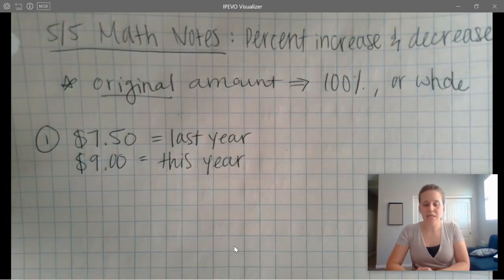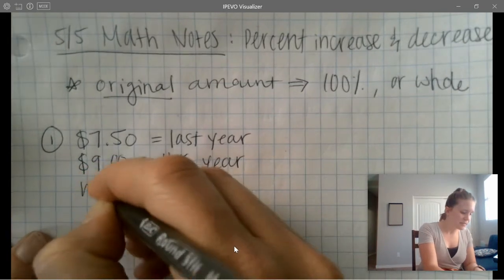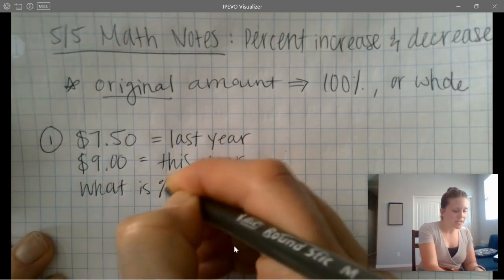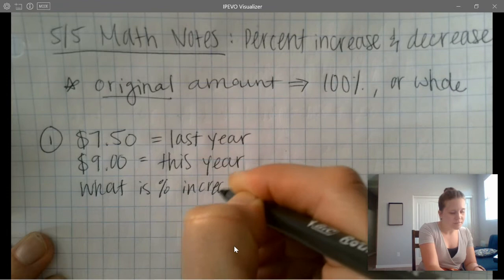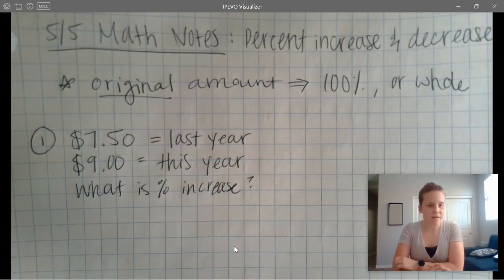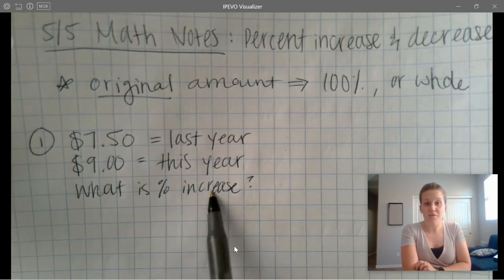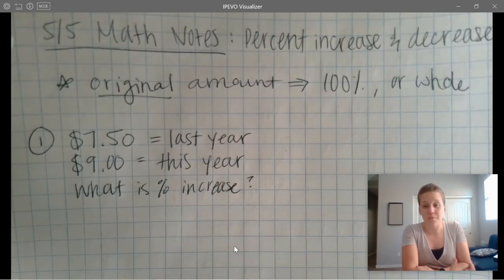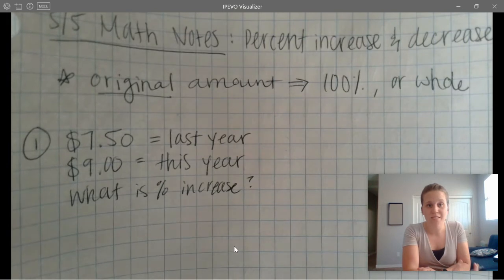Okay. And the question asks me, what is percent increase? You could, instead of writing percent increase the way I did, you could write PI. You're going to be asked, what's the percent increase? What's the percent decrease? What's the percent change? All of those things today.